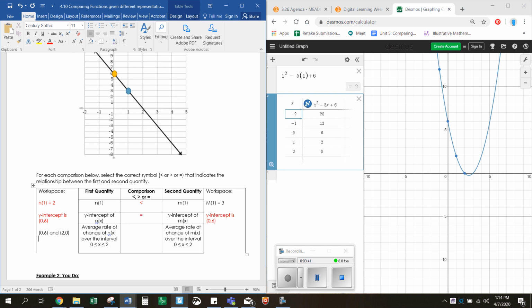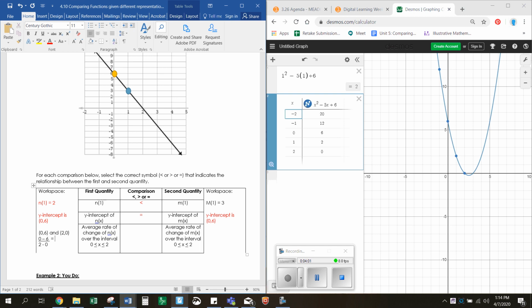So if I put that into my slope formula, I'm subtracting the y values on top. So if I have x1, y1, x2, y2, I'm going to subtract 0 and 6. And then underneath, I'm going to have 2 minus 0. So let's make that a fraction here.